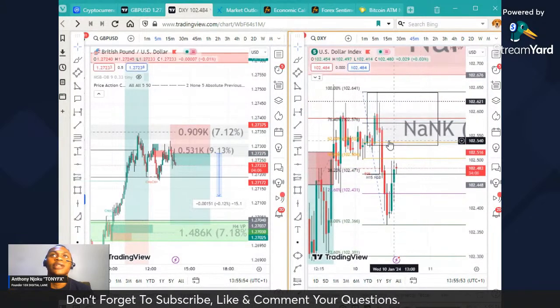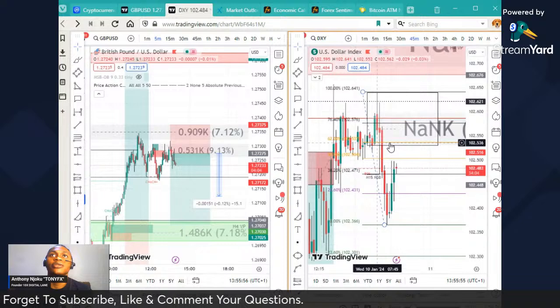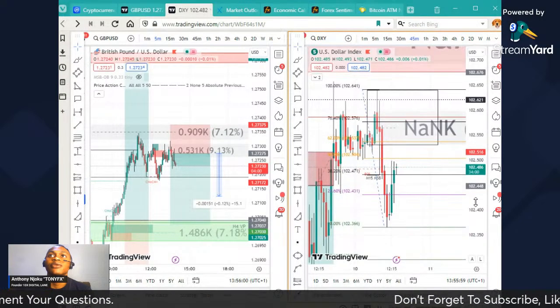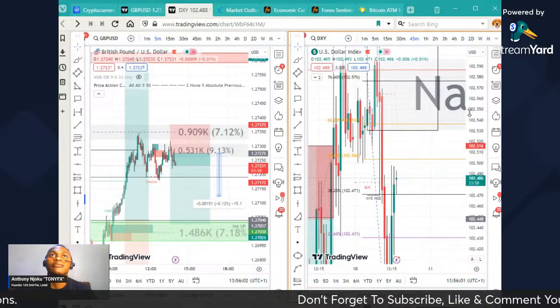So the chances are the market is going to go to this 62 Fibonacci retracement point before it drops.